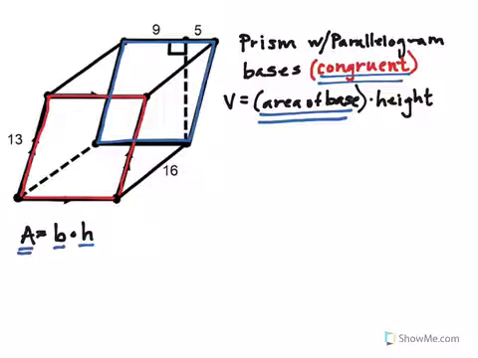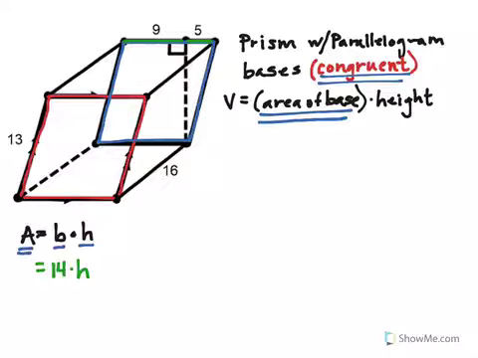So if we look back here in this blue figure, we can see the length of the base. We see that from here to here is a length of 9, from here to here is a length of 5. So if we add those together, we get that the base is equal to 14, and we just need to solve for the height.